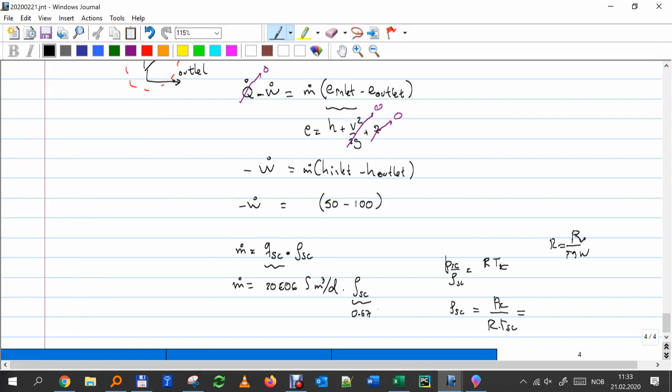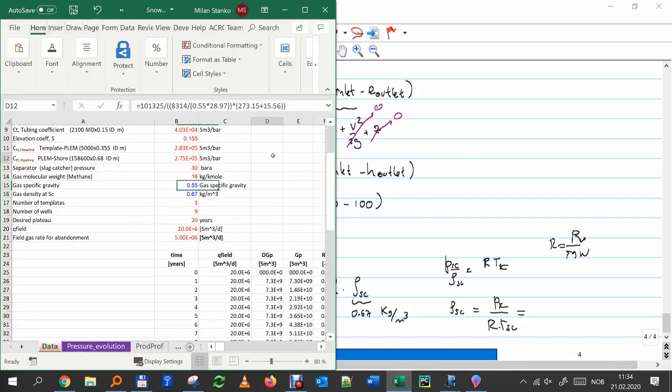So what is the mass flow we have? Kilograms per cubic meter. So how many kilograms do we have? 20 times 0.67, 13.4.